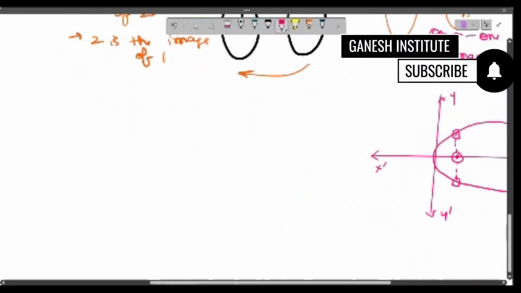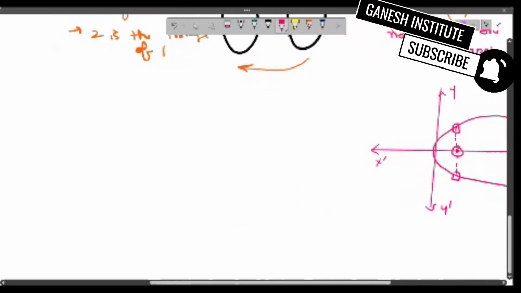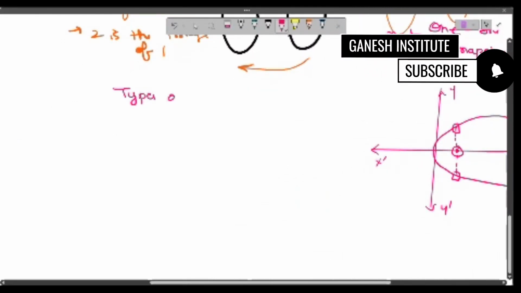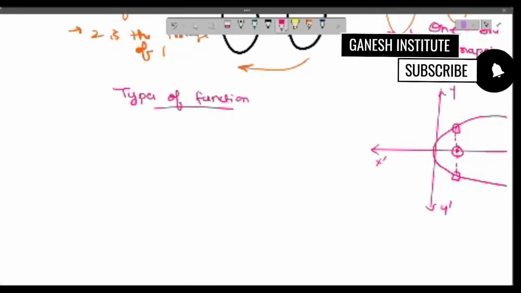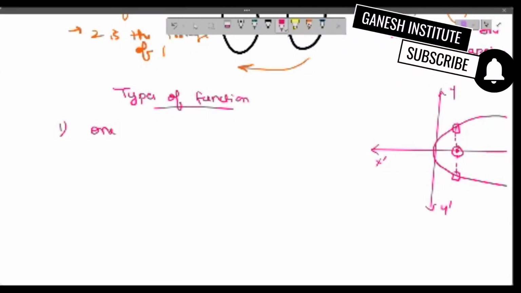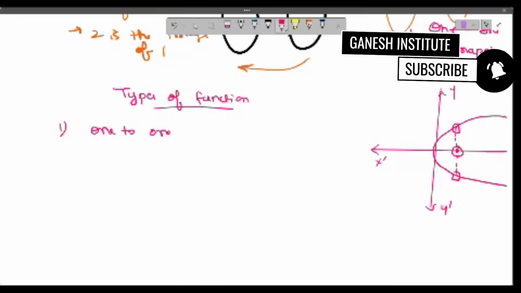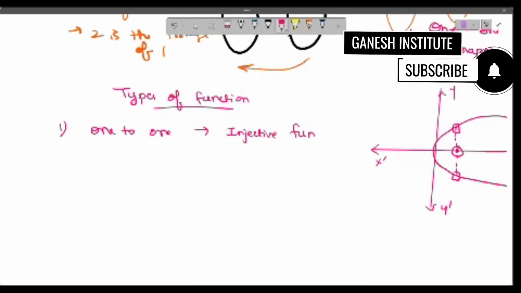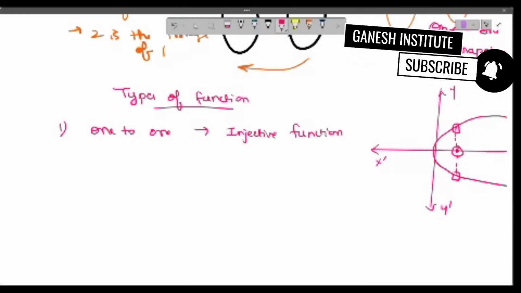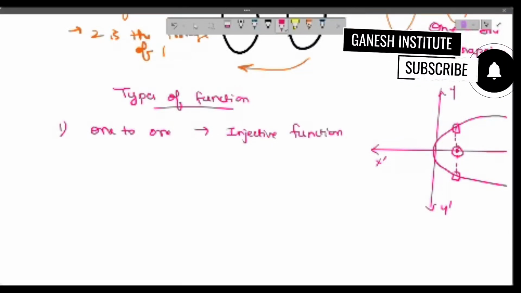Now, another thing is, how many types of functions are there? First is 1-1 or one-to-one, or we call it injective. Yeah, I learned these yesterday. They're so confusing. I'm telling you.